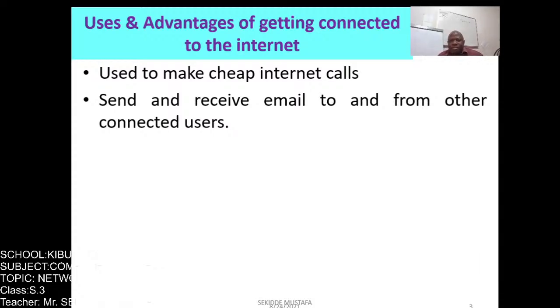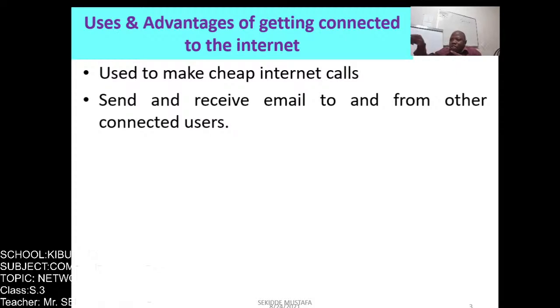Then send and receive email to and from other connected users. But that one depends now. We can have sending and receiving of emails in an organization without having internet. We can use Microsoft Outlook in order to get people in.